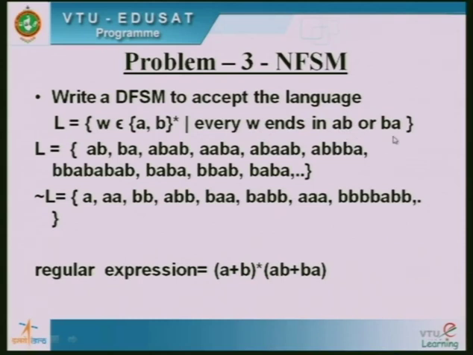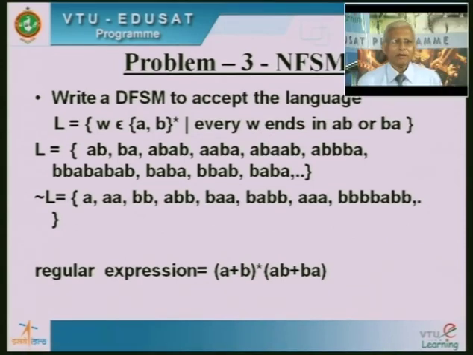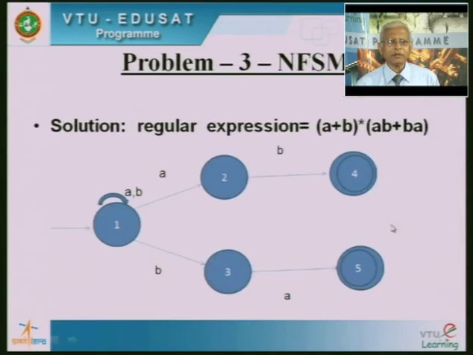This is what I have already discussed. You will have trouble guessing the number of states. If you try to write a regular expression for that, it is (a plus b)* followed by either ab or ba, where plus means any one of ab or ba. So this is another example we will be looking at.